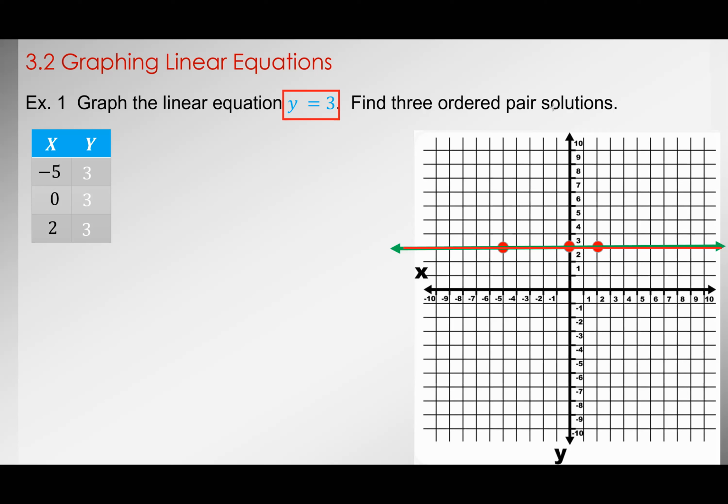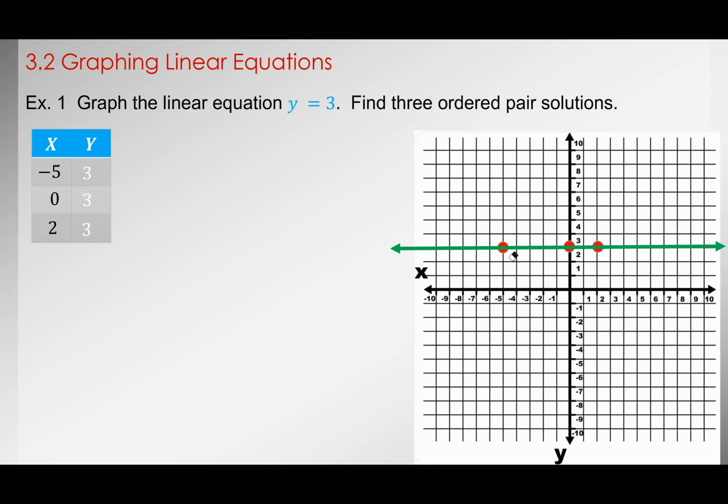So this is the special case: if y is equal to a constant, a number, it's a horizontal line through the y. Again, there's nothing to solve. This problem is already solved. It tells you y is equal to 3. You just pick your x.